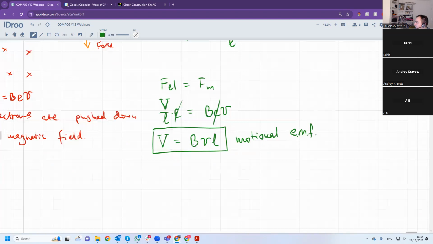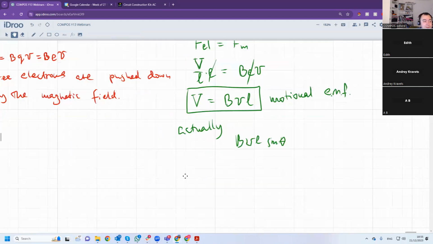You would have BVL sine theta, if the velocity is not perpendicular to the field. But never mind, it's BVL for simplicity for now.